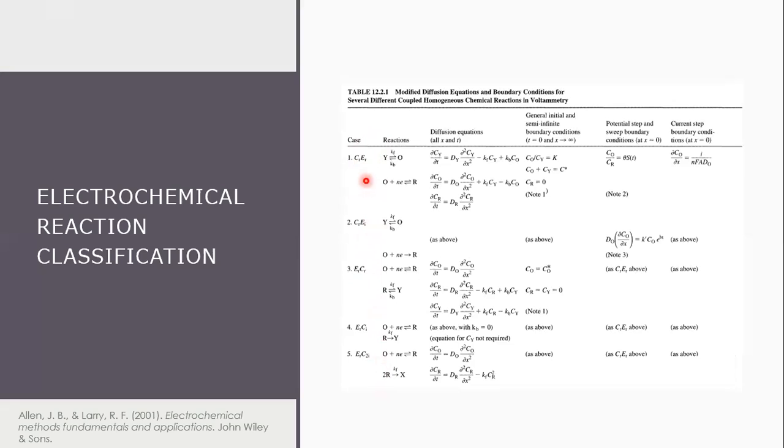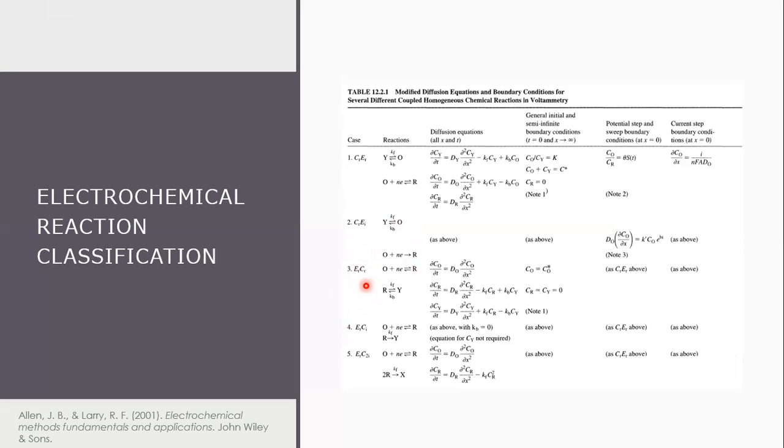So in the first case both are reversible, and in the second case your coupled reaction occurs first, and then your electrode reaction occurs, but it's irreversible. So you're going to get one peak, in forward or reverse potential, depending on the technique you're working with.